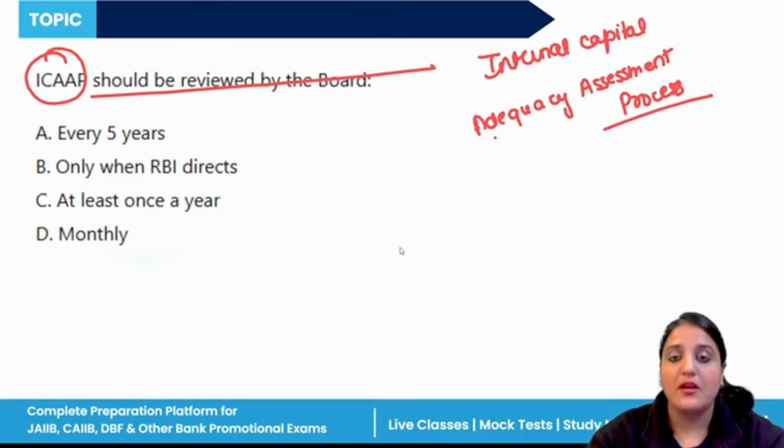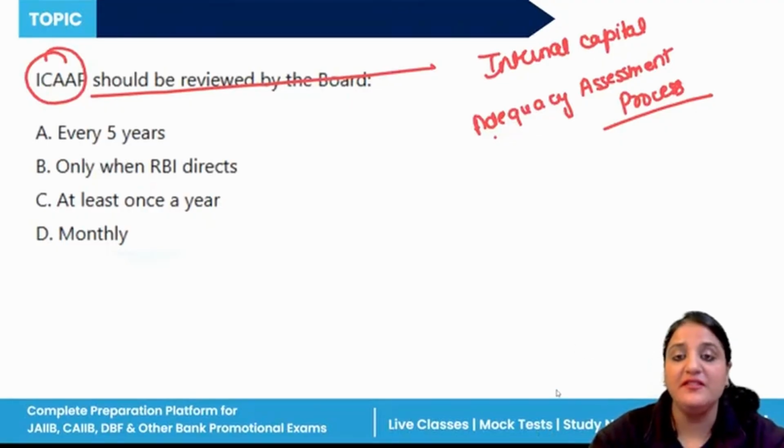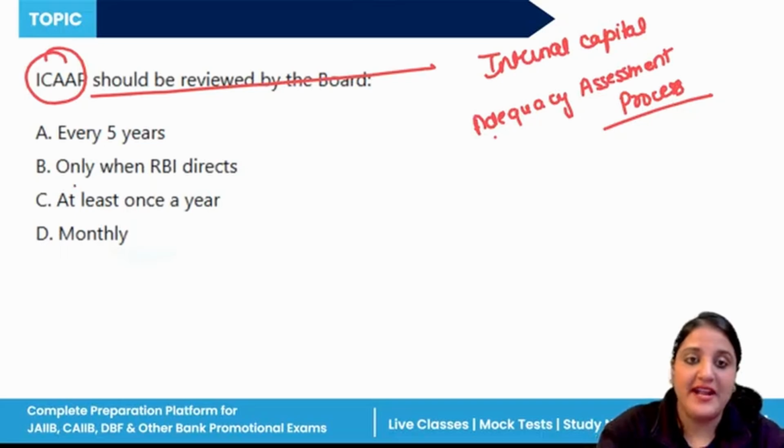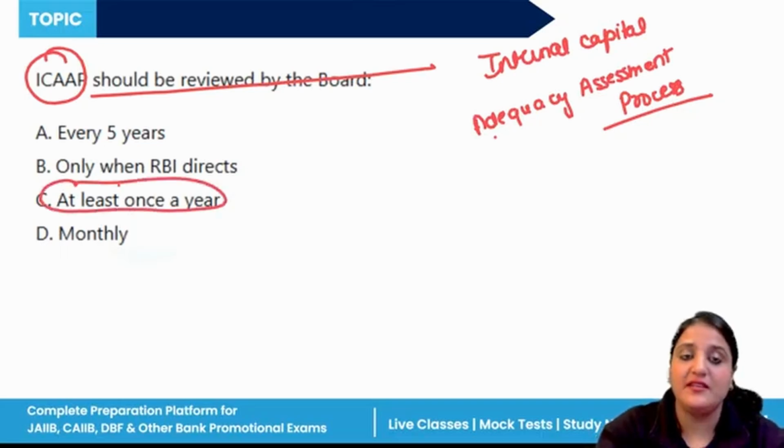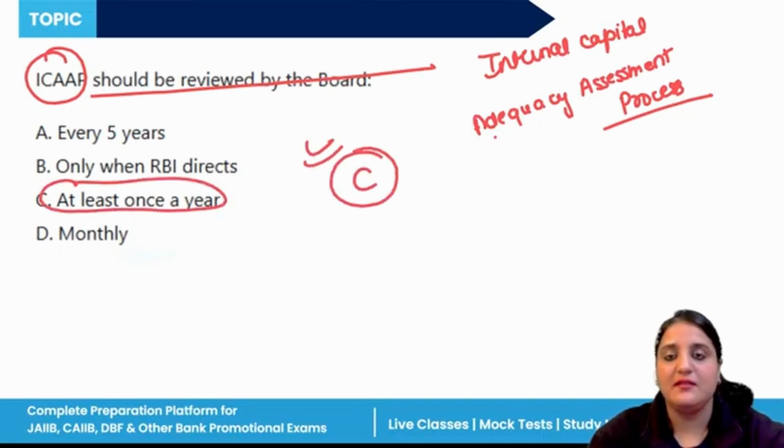So we can say which answer is correct? Our answer is correct. ICAP should be reviewed by the board. Board have to assess and document the ICAP at least once annually. So at least once a year. Option C is correct here.